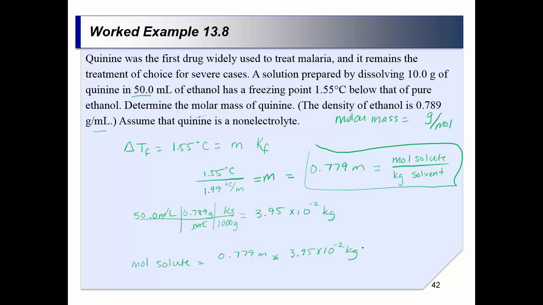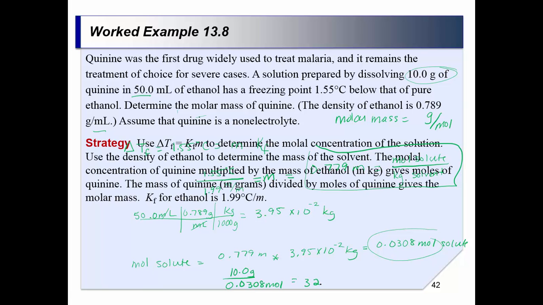And then I get 0.0308 moles of my solute. So now I have grams and I have moles of solute. Remember, molar mass is grams per mole. So I'm going to take the grams I started with, divided by the moles I calculated, and I get 325 grams per mole.